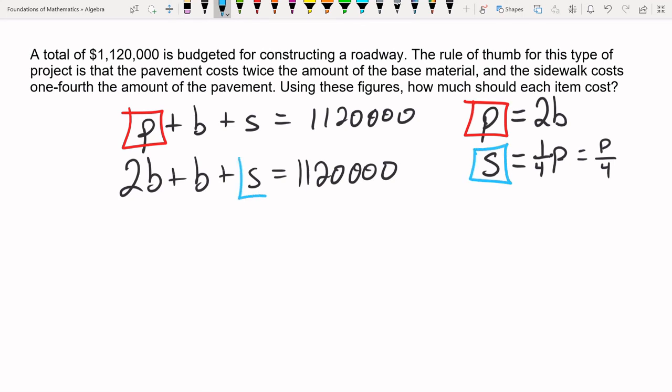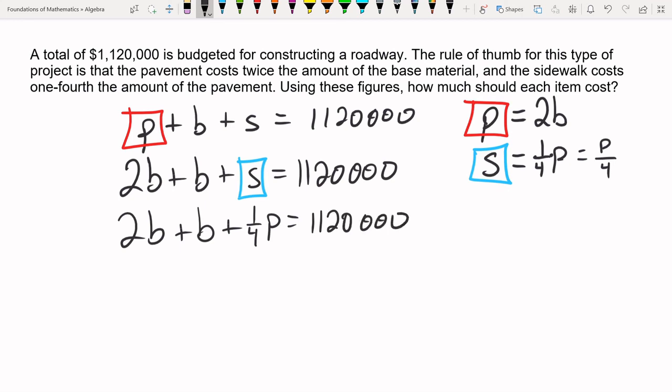S can be replaced with 1/4 P. But P is once again 2B, so I can replace the red box with 2B: 1/4 times 2B.